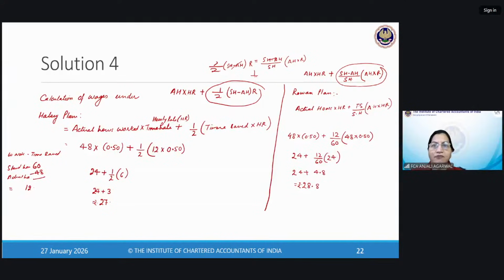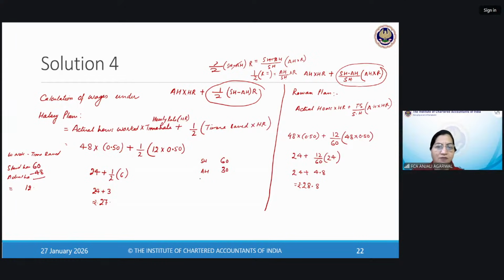So half into rate is exactly equal to actual hours by standard hours into rate, which means when actual hours and standard hours have a proportion of 1 by 2, they will both give the same answer. So in this question, we can try if standard hours were 60 and actual hours were 30, when actual hours by standard hours is 1 by 2.